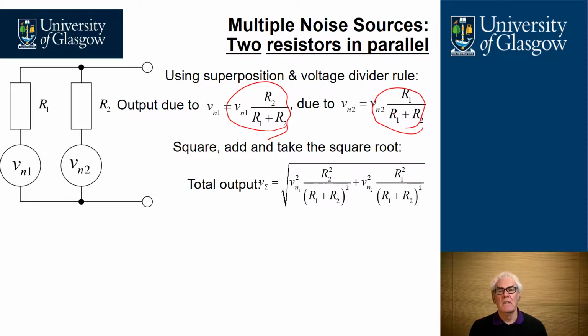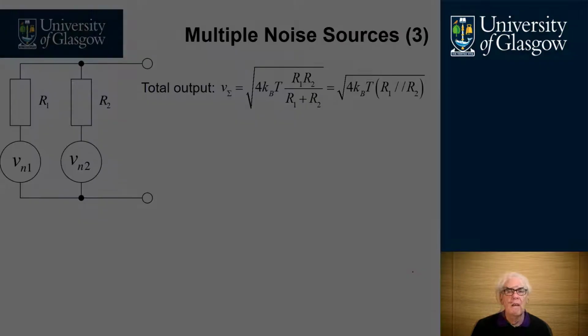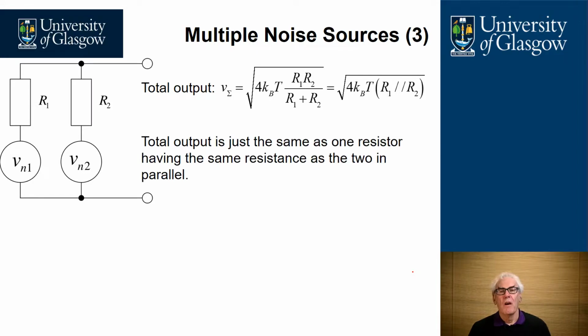So adding those together and taking the square, we get the total output of Vn1 times the ratio of R2 to R1 plus R2, and Vn2 as the ratio of R1 to R1 plus R2, which gives us effectively the result down here. And this equation here is the equation for two resistors in parallel, which you've done many times in circuit analysis. If we have multiple outputs or output noises, we can actually consider the total output is the same as having one resistor having the same resistance as the two in parallel, which is what we've already proven.